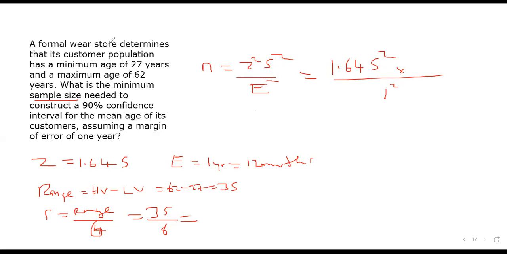Then what is the error? 35/6, what did he get? And the standard deviation, what did we get? 35/6, which is what? Sorry, 5.83.